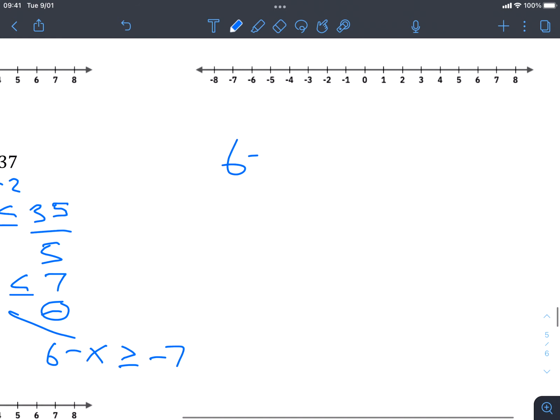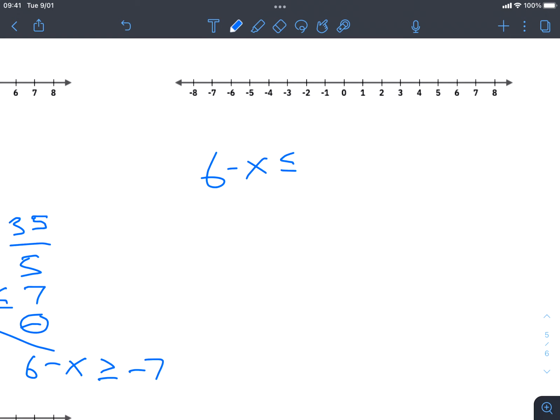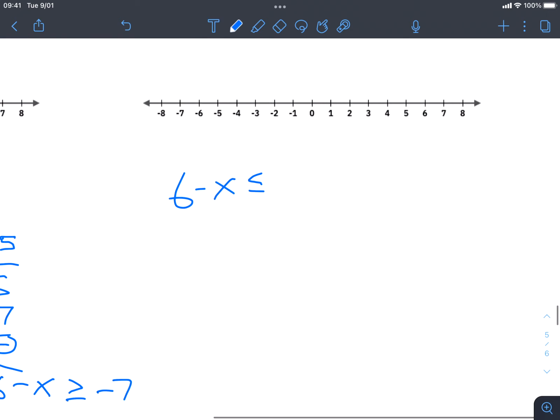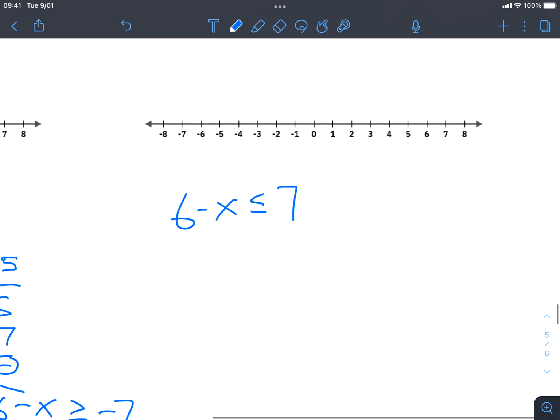So 6 minus x is less than or equal to 7. Let me write my other one here. 6 minus x is greater than or equal to negative 7.